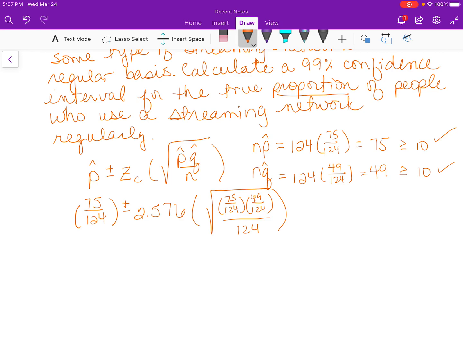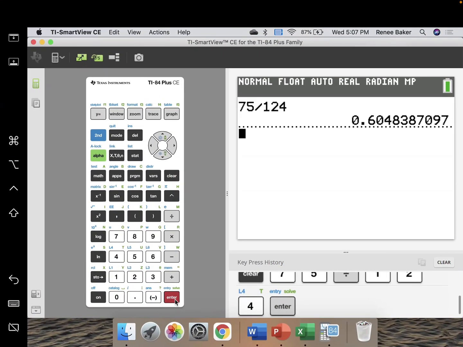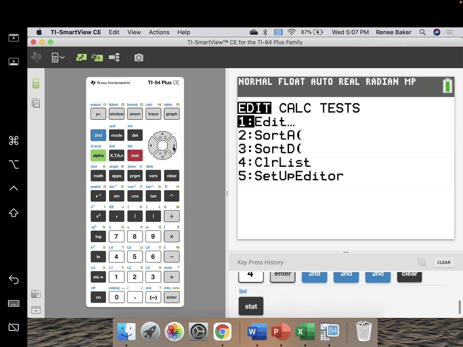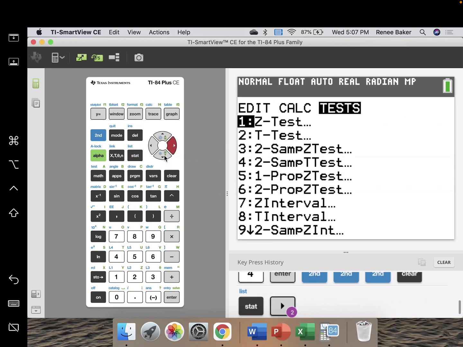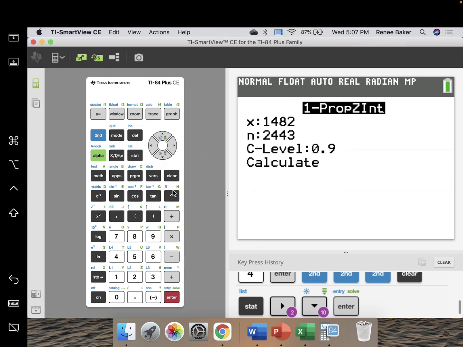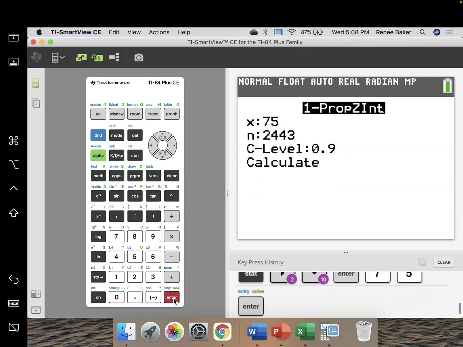Now, just like before, you can do this on your calculator. If I go to stat and go over to tests, I'm going to scroll down until you see 1 prop z interval. X is going to be the number of successes, so in this case it's 75.